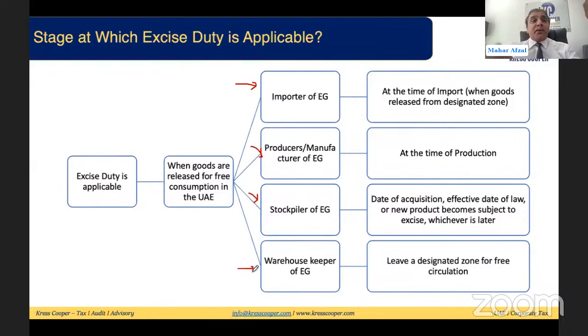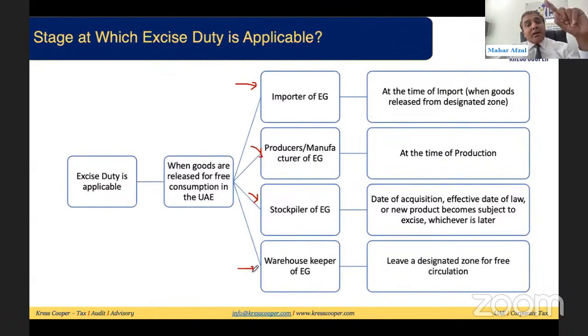So these are the four. If you are asked whether excise duty is applicable, you need to think: are you an importer, manufacturer, stockpiler, or warehouse keeper of excisable goods? If yes, excise duty will be applicable. At what stage? Importer, at the import stage. Manufacturer, at the time of production.